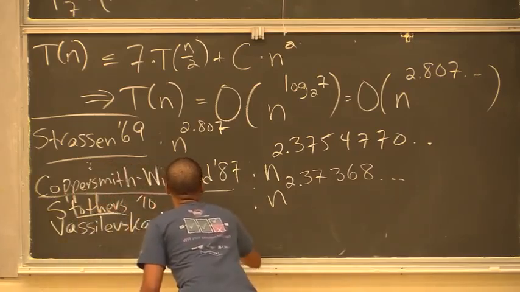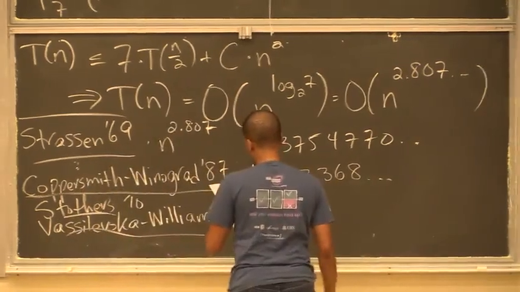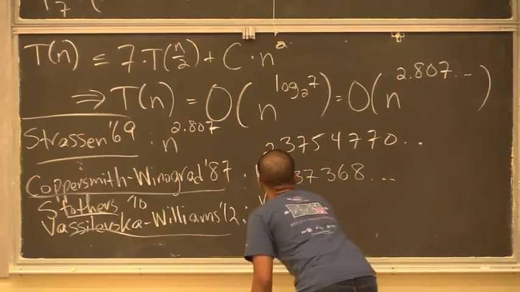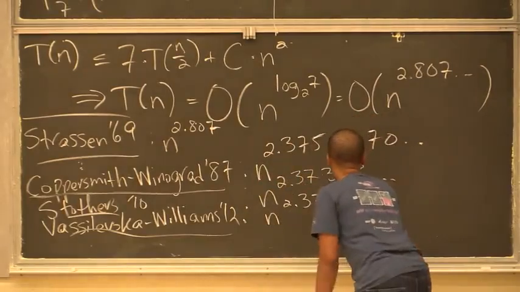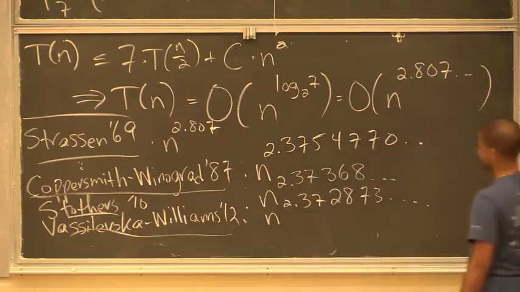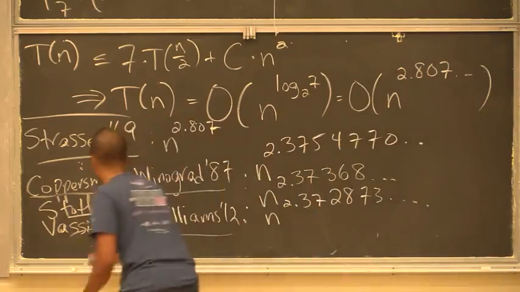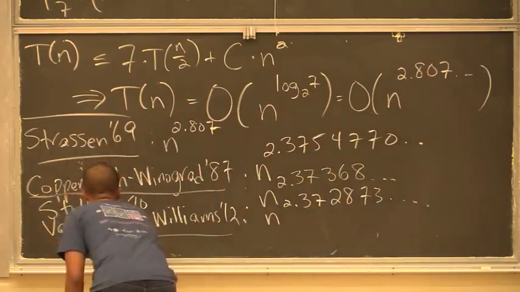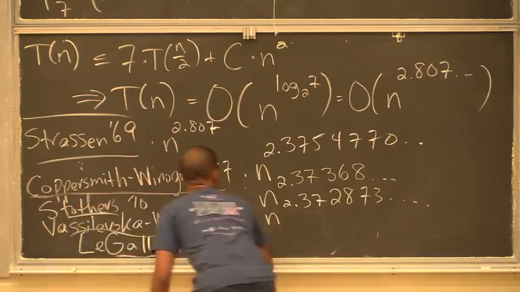That's one person in 2012. And what she got was, again, n to the 2.372873, something. And then the state of the art right now was 2 years after that by a guy named Francois Le Gall. That's 2014.